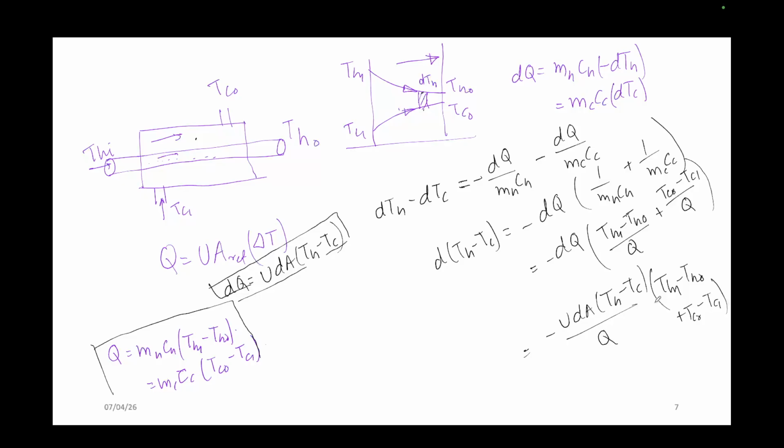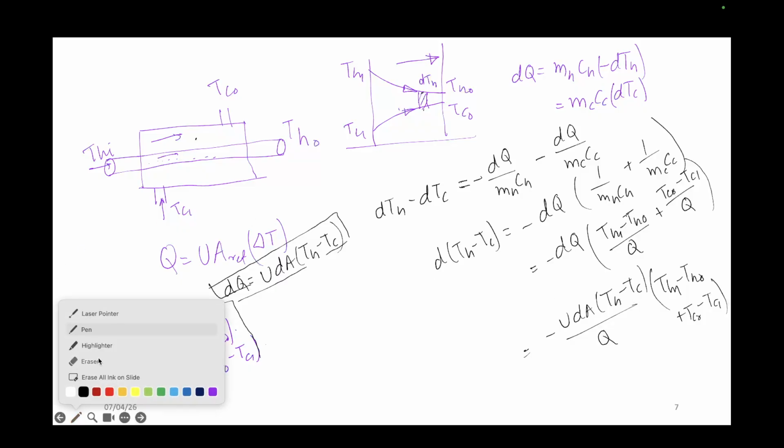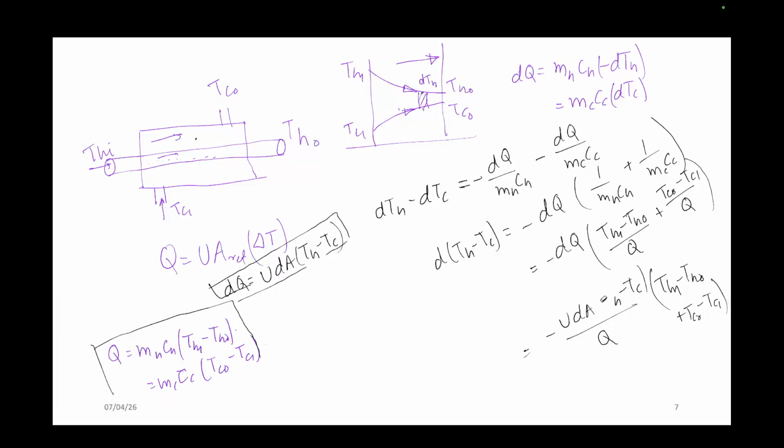Yes or no? So if you integrate this, the Th minus Tc term comes here. I just shift this term to here. That's it. In the next line I am erasing this and writing this on that side.